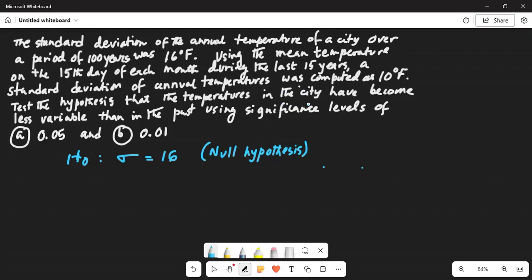Now it says test the hypothesis that the temperature in the city have become less variable than in the past using two different significance levels. So basically become less variable. That means our alternate hypothesis H sub A is sigma less than 16. Less than means it is a left-tailed test.